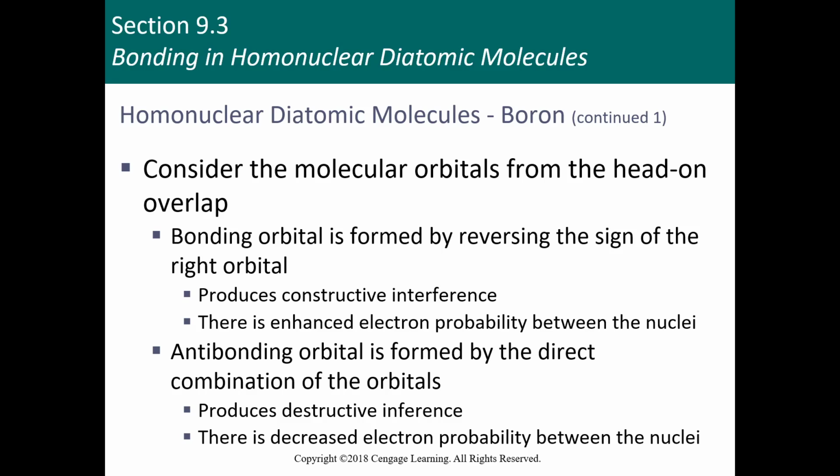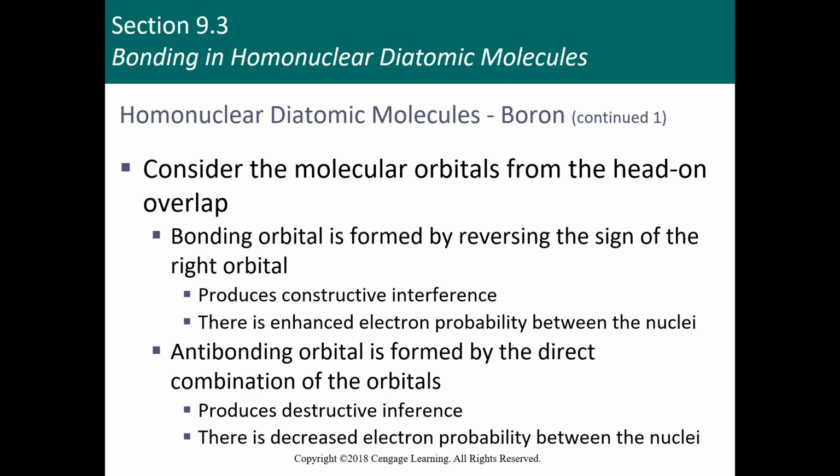So let's consider these molecular orbitals from the head-on overlap first, since that's the simpler thing we've already seen. The bonding orbital is going to be formed by reversing the sign of your right orbital. This is going to produce constructive interference, and there is going to be an enhanced electron probability between your nuclei.